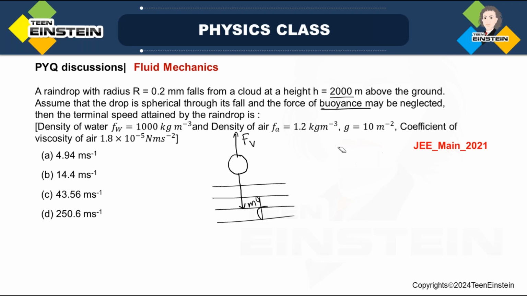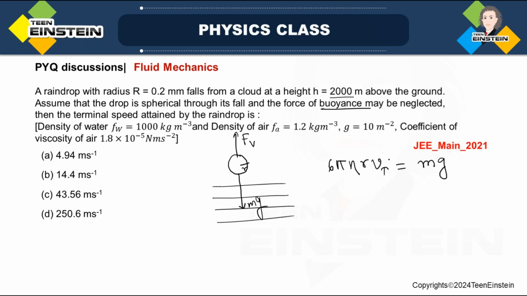So the viscous force is obtained by Stokes' law, that is 6 pi eta R, where R is the radius of the raindrop and v is the terminal velocity. Let us take that 6 pi eta R vt is equal to m into g.